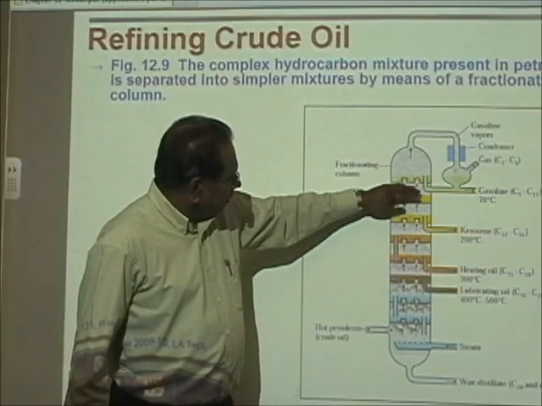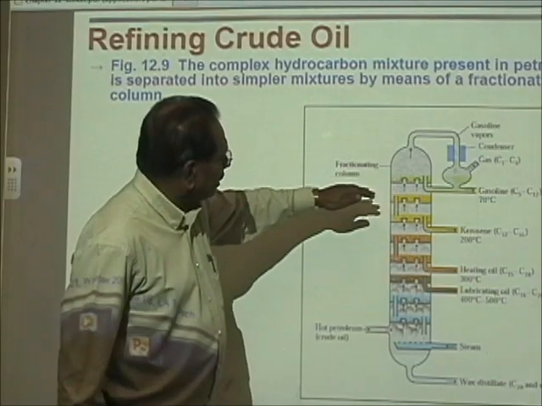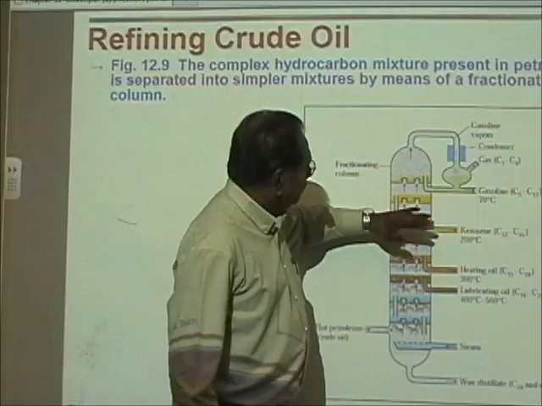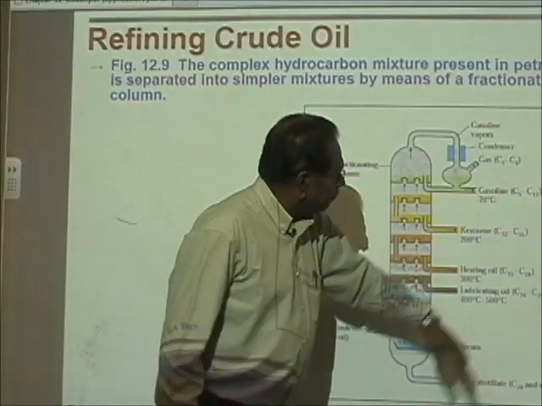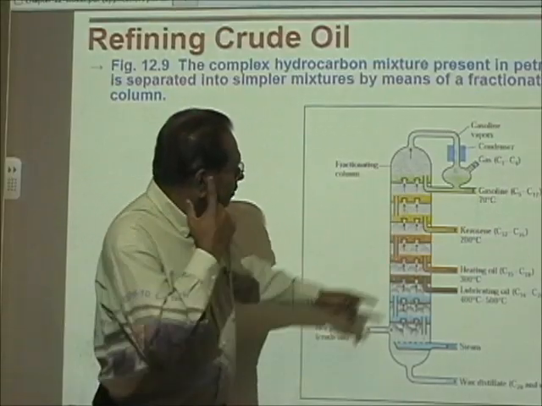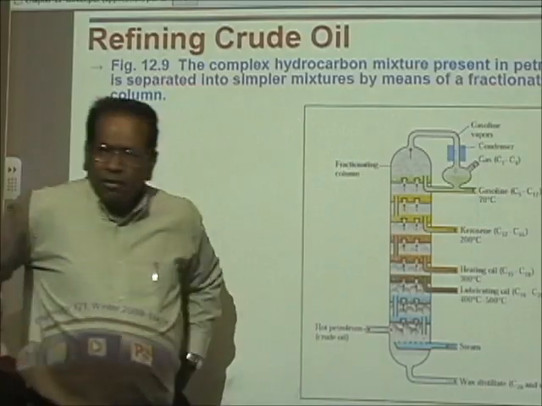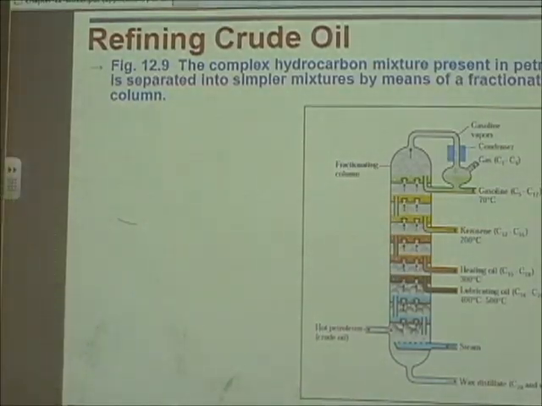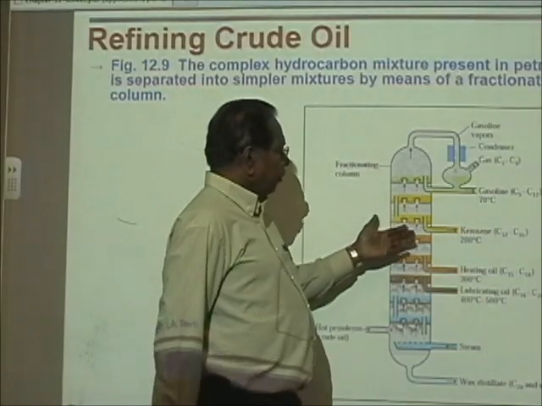If you look at this, gases will come out first, and gasoline is about 5 to 12. Mainly, gasoline can contain carbon 5 to 8. There are a few other things. It's not a totally pure mixture.